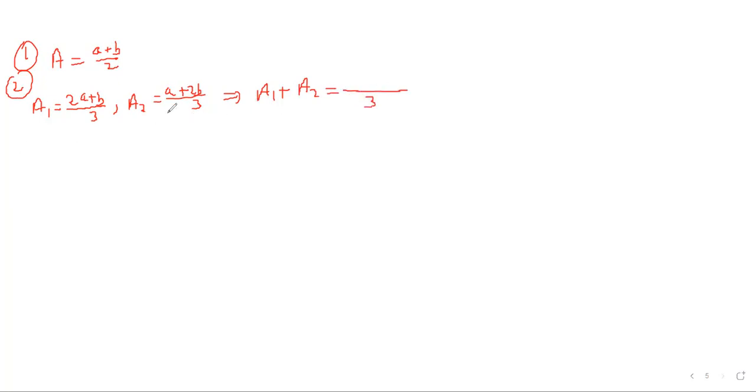Denominators are 3. So 2A plus B plus A plus 2B upon 3. 2A plus A is 3A, B plus 2B is 3B, upon 3. Now if we take 3 common, the 3 cancels out.